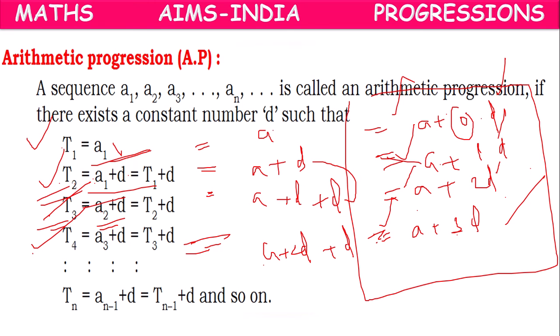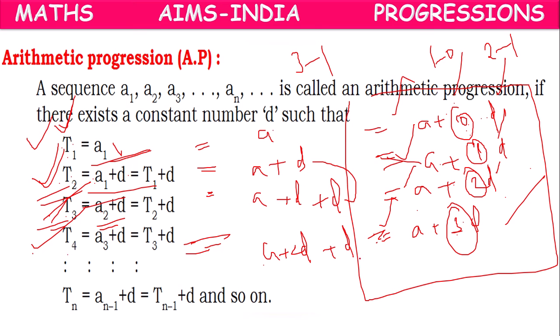We can observe change only in the coefficient, the number before D. If we are finding the first term, the number in front of D is 0, which means 1 minus 1. For the second term, it is 1, 2 minus 1. For the third term, it is 3 minus 1, 2. For the fourth term, 4 minus 1, 3. So the number before D is 1 less than the term number.